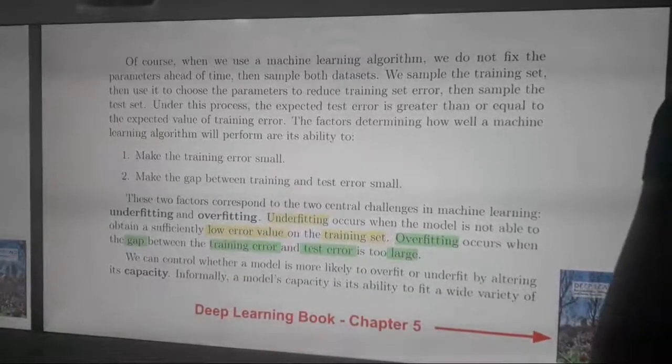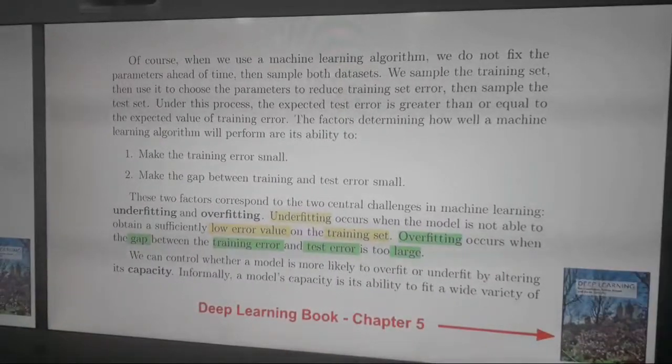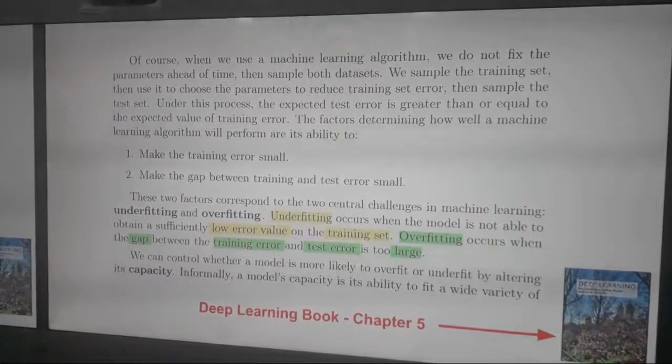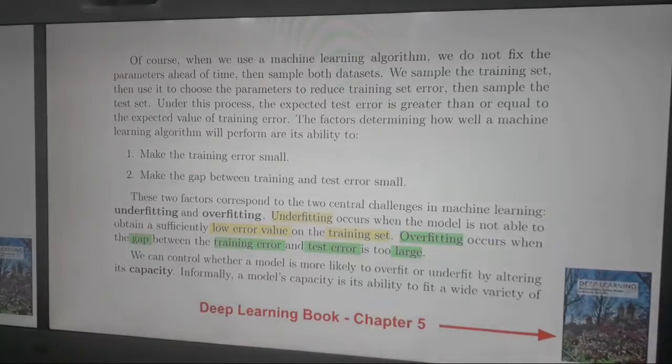Of course, when the model is not able to obtain a sufficiently low value, you know that this is from, we don't even know what this value is, but this is 0. You can go as high as it wants to be, but this is 0. So you can see the distance. This is your optimal model. This is your underfitted model.